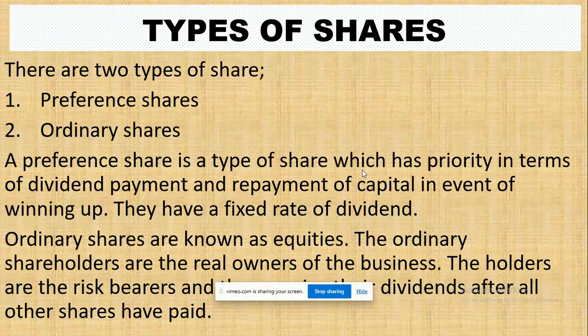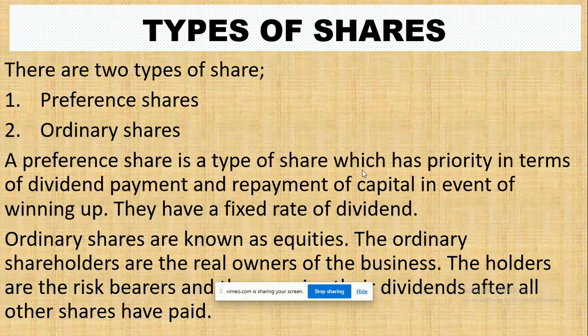Preference shares are a type of shares which has priority in terms of dividend payments and repayment of capital in the event of winding up. They have a fixed rate of, of course, what? Of dividend. Ordinary shares are also called equities. What did I say? Ordinary shares are known as what?